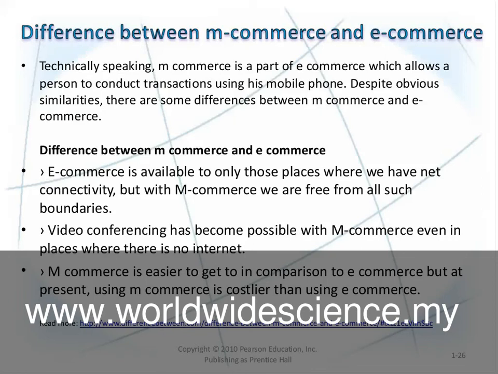You do not need to go to the websites in order to buy some products. You can use your cell phone for buying products or tickets, for example, or paying bills.